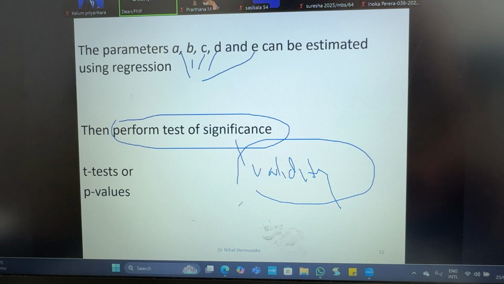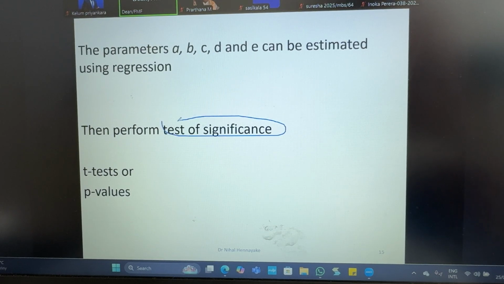This is because we used it before testing its suitability. Similar to that, after getting the values and before using these parameter values for anything else, we have to perform the test of validity. It is called the test of significance.